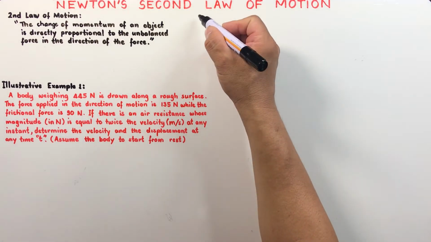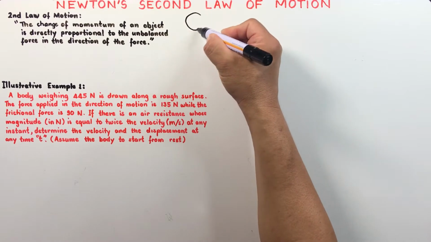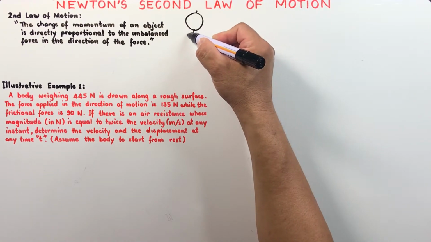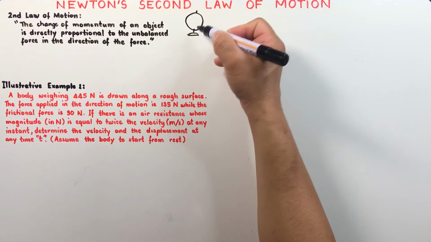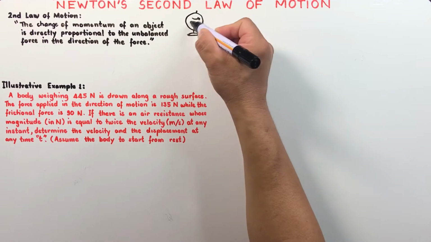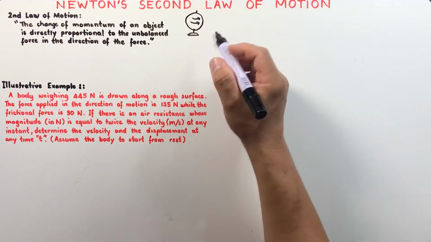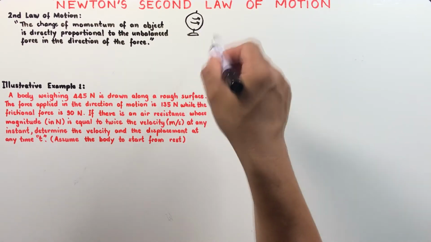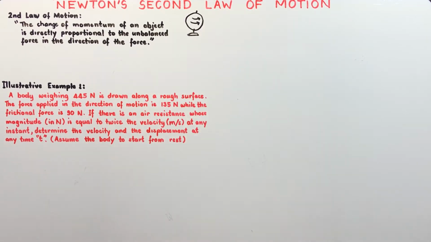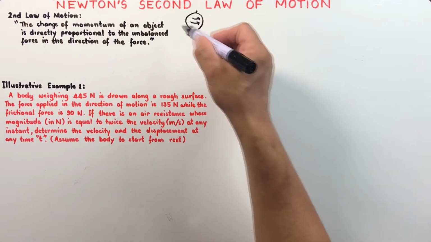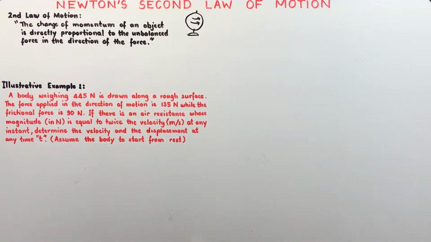To illustrate this, suppose you have a globe at home, on its stand, and you want to spin it. You need to spin this globe. If you spin it with more force, more acceleration takes place. But when there is a lesser force to spin the globe, there will be a lesser acceleration.